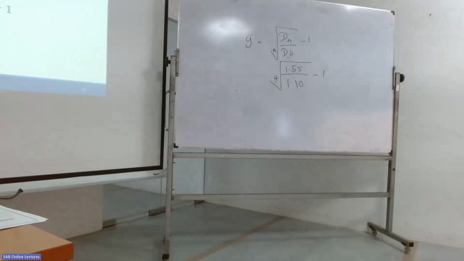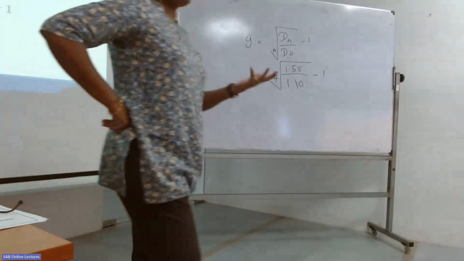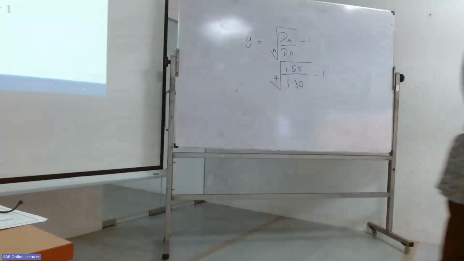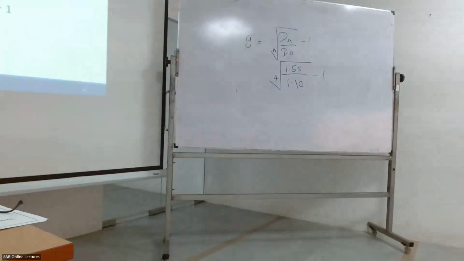Correct, correct. If it is square root of 4 now, 4. If it is square root of 6 now, 6. So likewise. Have you all got this answer? 8.95?